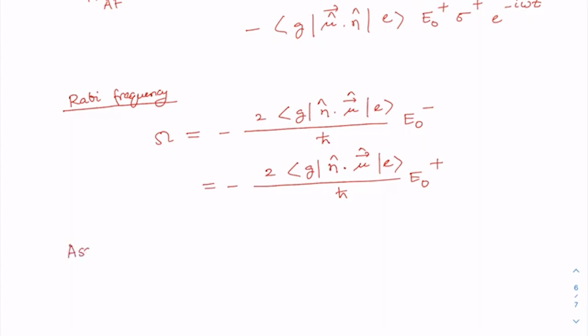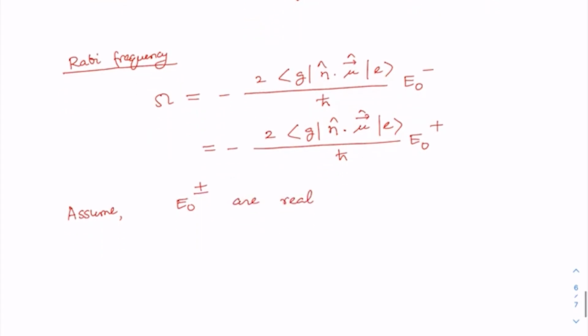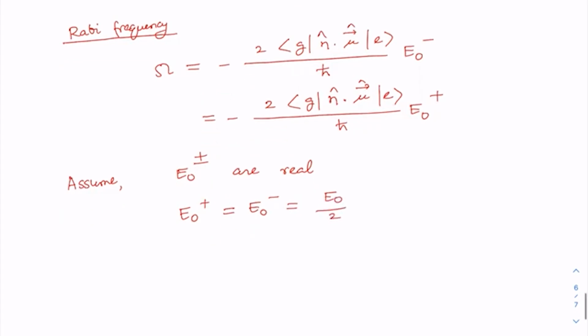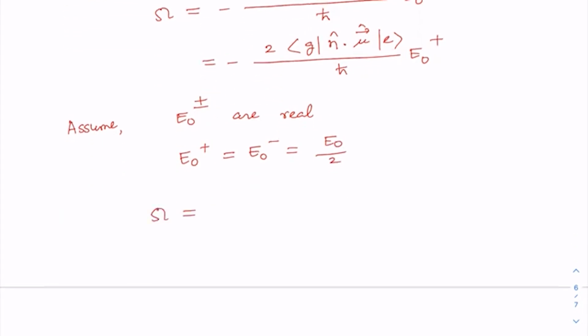Now assume that these amplitudes E0+ and E0− are real, and take E0+ equal to E0− equal to E0 by 2. Then the Rabi frequency we can write as Ω equal to minus ⟨Z|μ·η|E⟩ E0 over ħ.